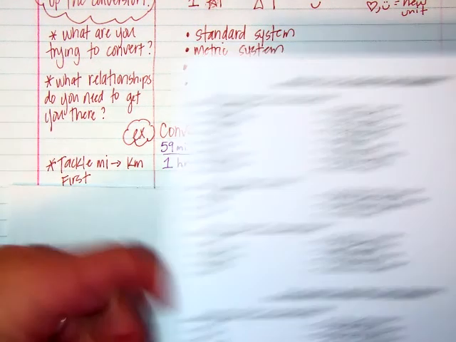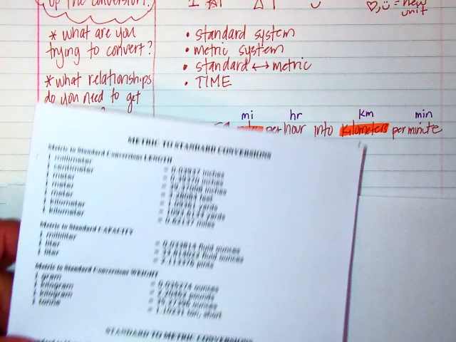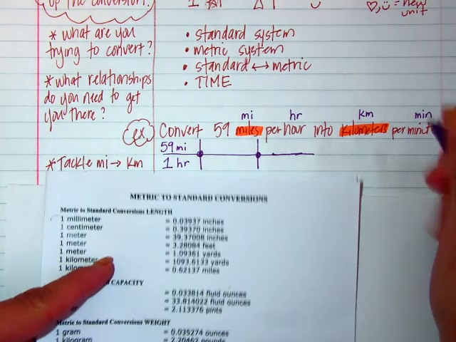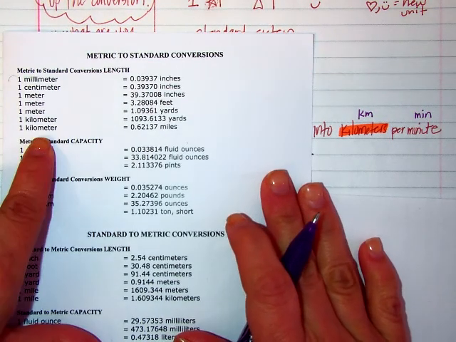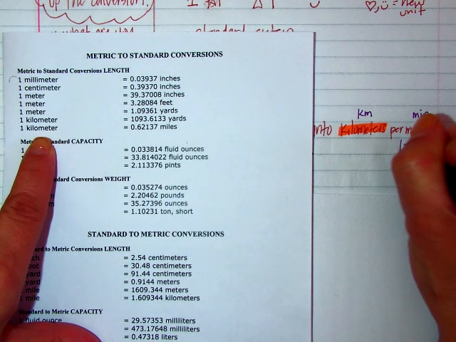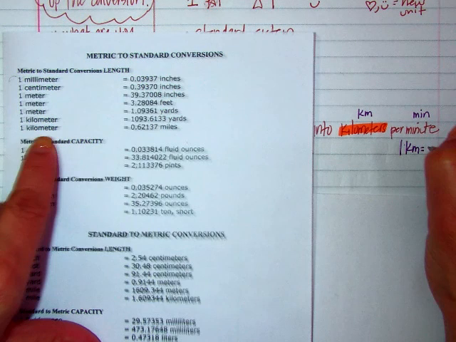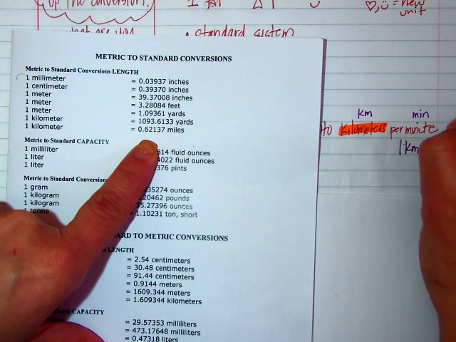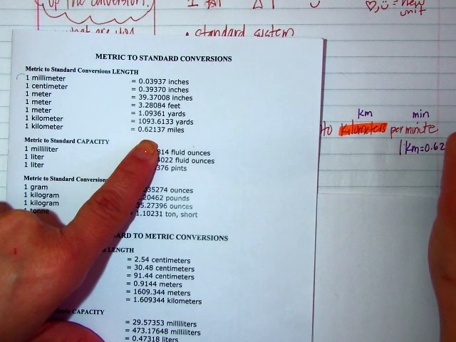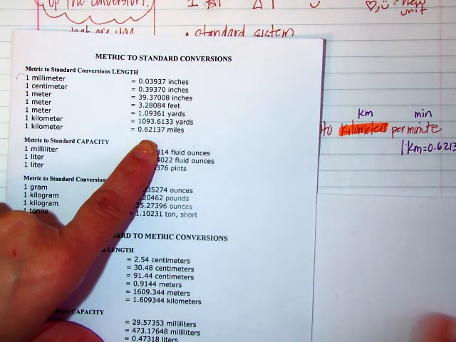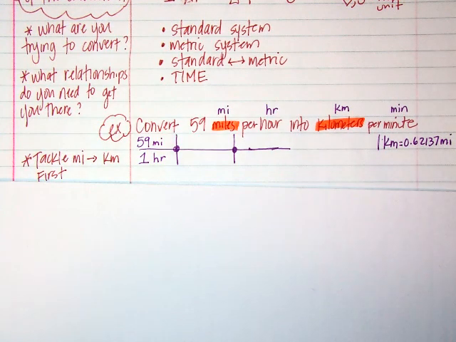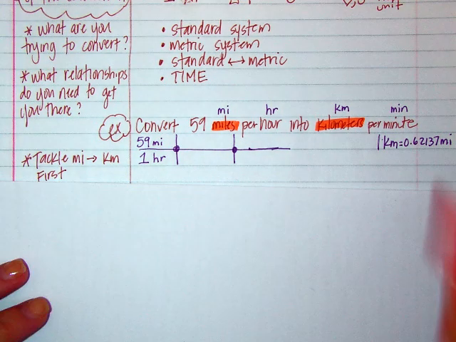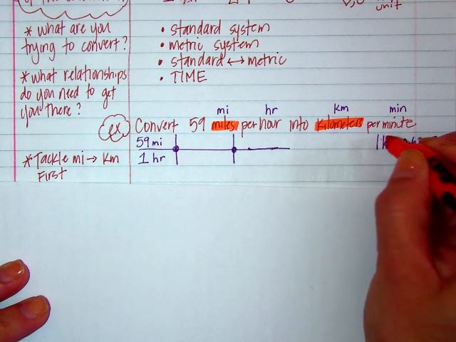So I'm going to write that down very quickly here. I have 1 kilometer is equal to 0.62137 miles. Perfect. I'm going to highlight that in orange right now.